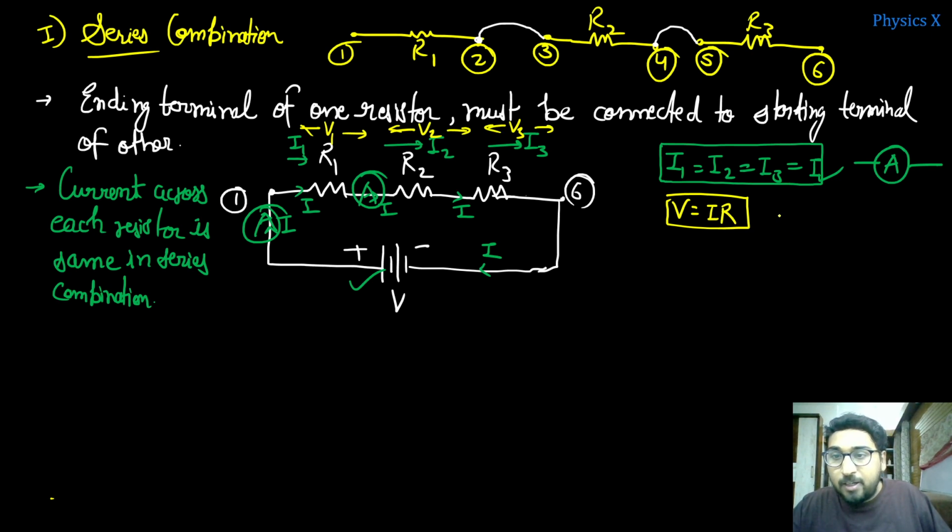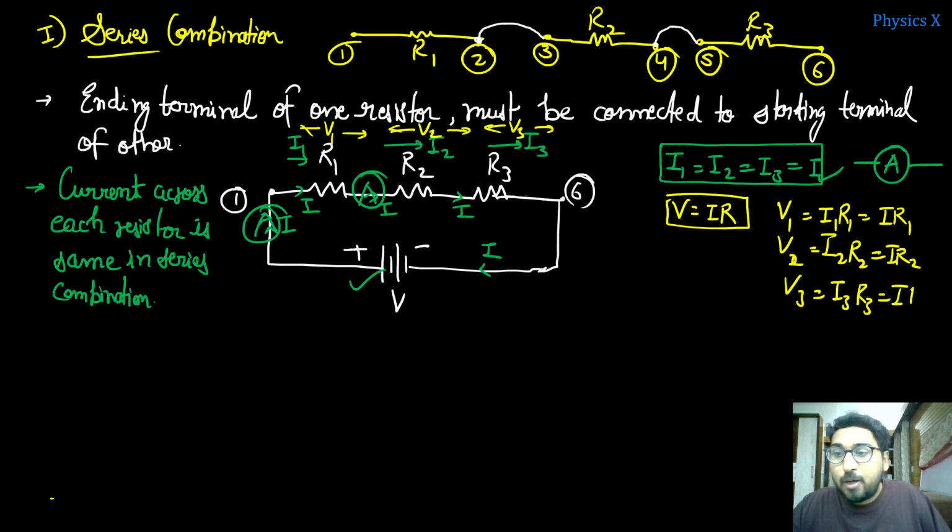I can write that V1 is equal to I1 R1, which is nothing but I R1, because I1, I2, I3 are the same. Similarly V2 is I2 R2, which is nothing but I R2. And V3 is I3 R3, which is nothing but I R3.